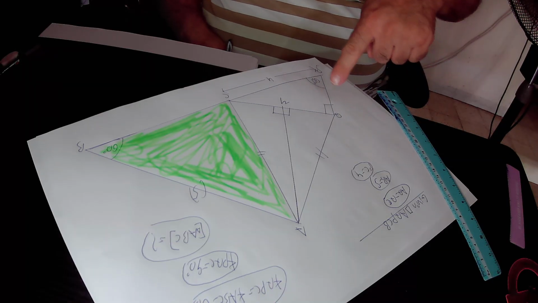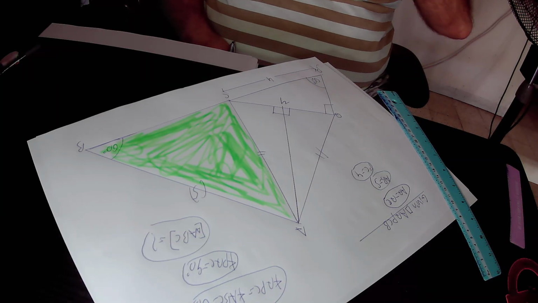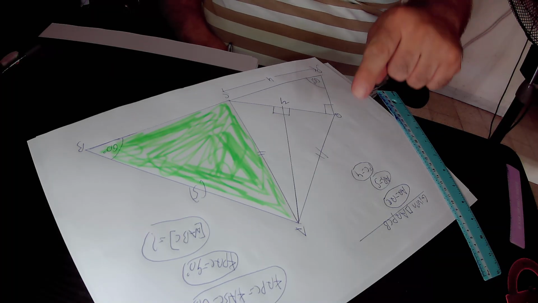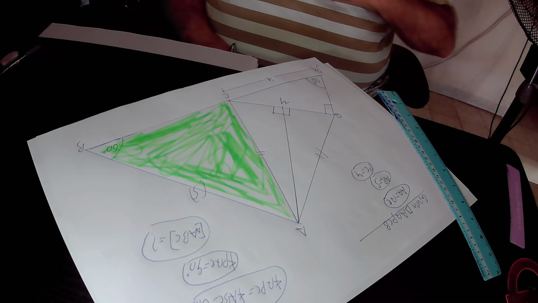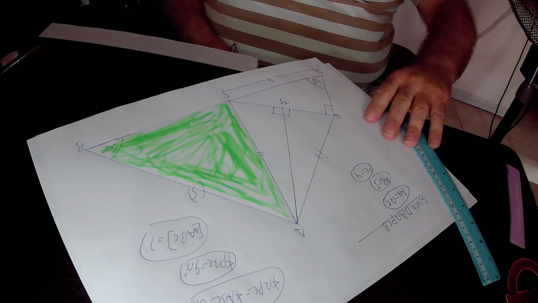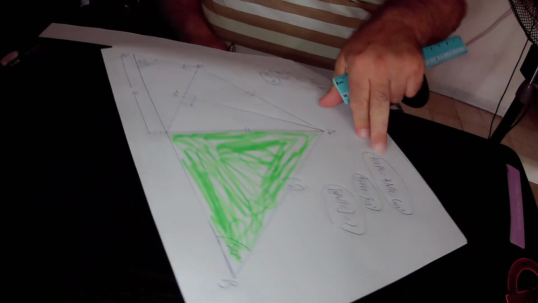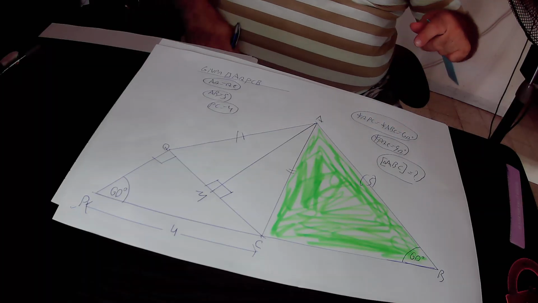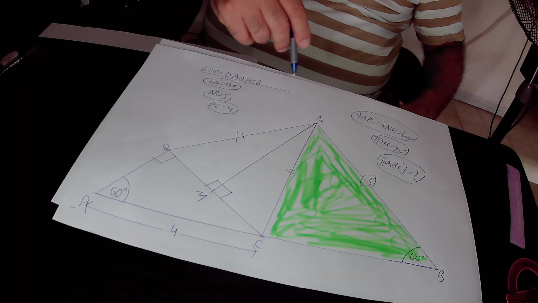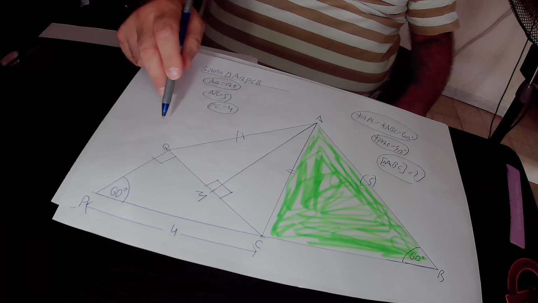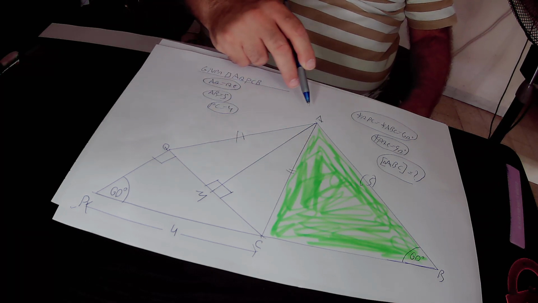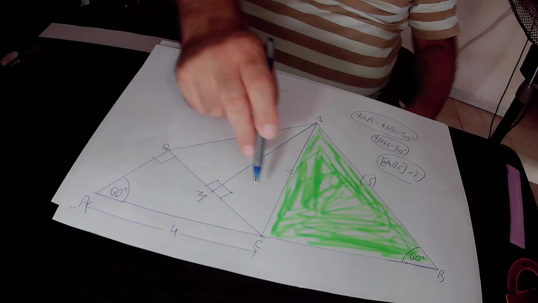Triangle AQC is an isosceles triangle, and we have the rule that says that the perpendicular to the base of an isosceles triangle bisects the base. So in the isosceles triangle AQC, the perpendicular AM bisects the base QC.